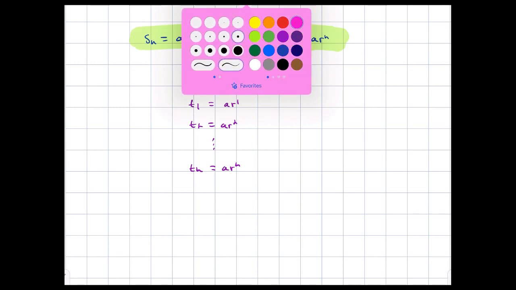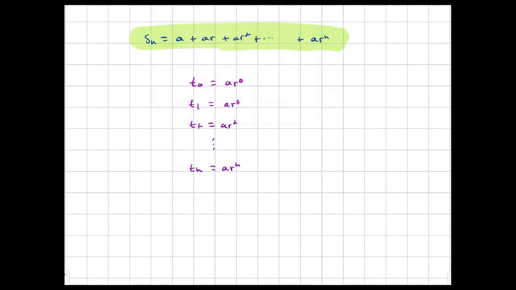And this is the way they do it in university, right? Having the indices match, so we start counting at 0, which is a little bit more rational. But in high school, it'll be kicked back by 1, right? They'll say T1 is a, T2 is a r, etc. And then Tn is a times r to the n minus 1.